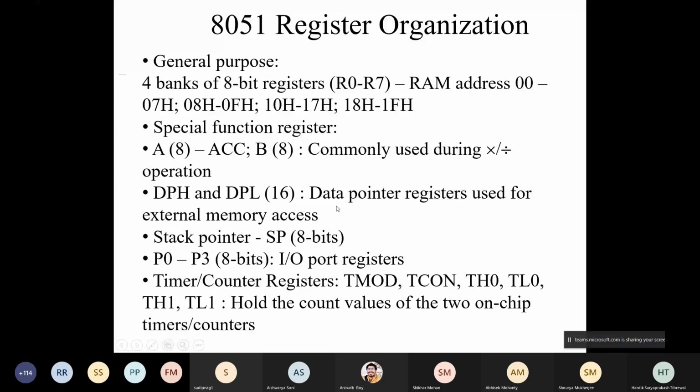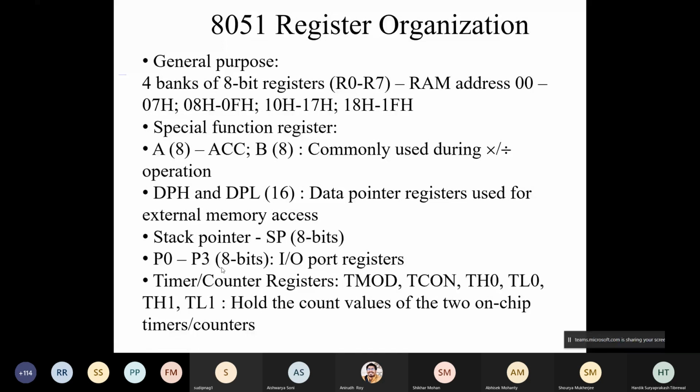So the designers at Intel thought, why not split the data pointer into two 8-bit registers, data pointer high DPH and data pointer low DPL. Each of them is 8 bits, and if you merge them together, DPH and DPL, then it becomes 16 bits together. So that's how data pointer registers are basically organized inside the microcontroller. So whenever you see data pointer, there must be two registers. So dual data pointer means there are two 16-bit registers that can be utilized separately.